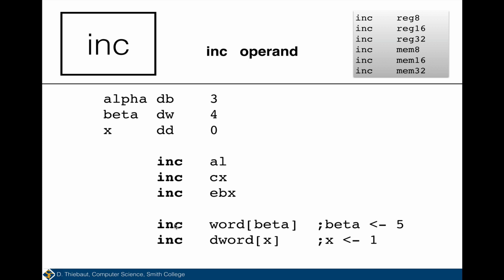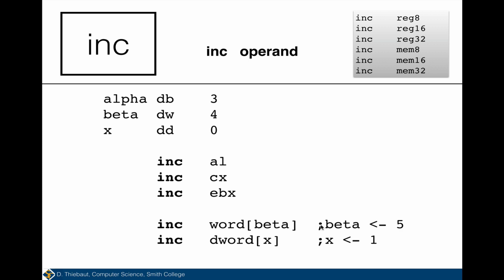So when it sees INC [beta], it has no idea if you mean the beta address that points to a byte or a word or a double word, so you have to tell it, and that's why we put the size in front. Since beta contains 4, after the instruction I'm going to store 5 in beta. That's the result of this instruction.